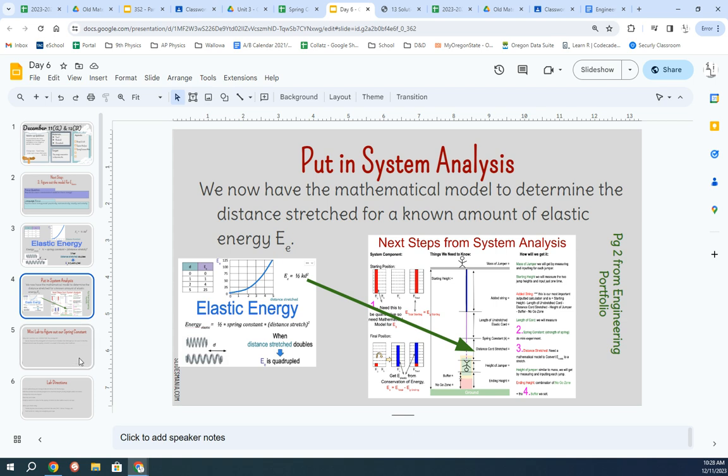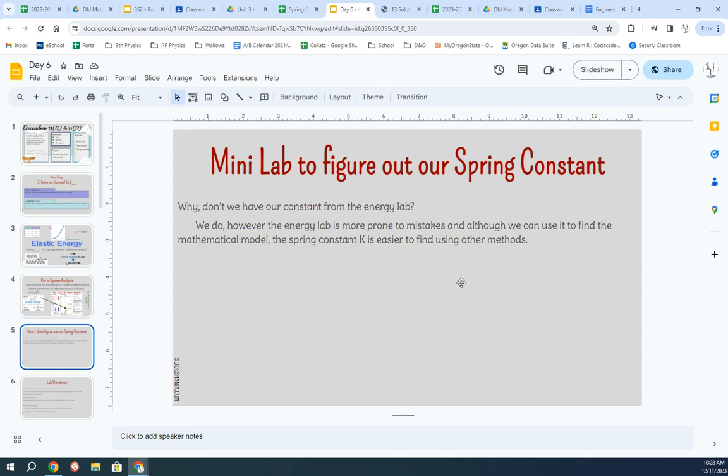All right, so let's go ahead and think through our mini lab. We might think to ourselves, well, we already have that k value because we just did the energy lab and we know the equation. And that's true, we do have that value. But the energy lab is a lot more prone to mistakes because when we're dropping things, things are moving, especially right at the end.